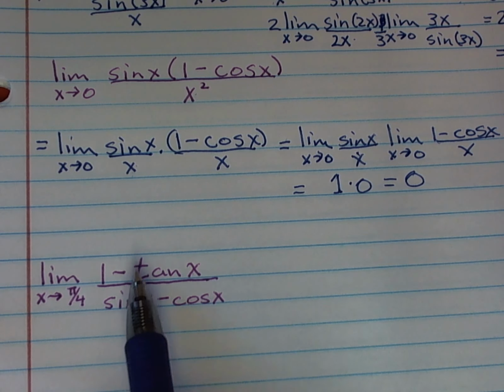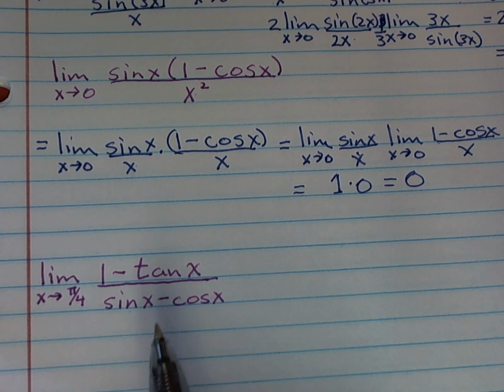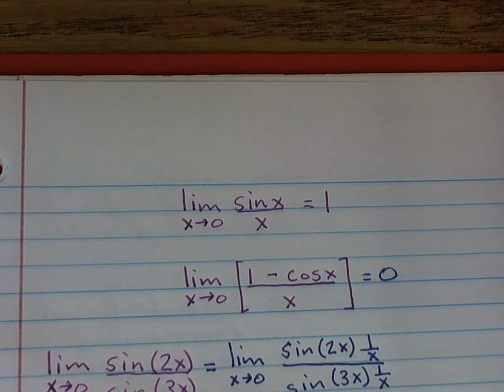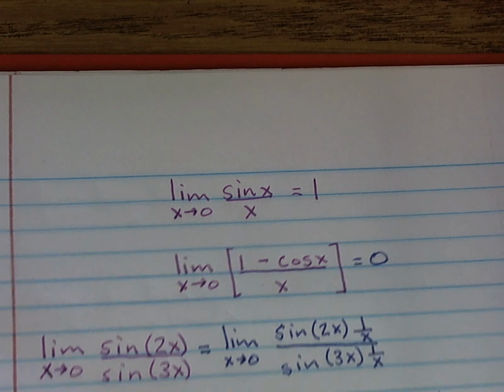So you get 0 in the top and the bottom. So what we're doing is we're studying how to deal with limits that have trig functions in them. And we're saying these can sometimes help us.